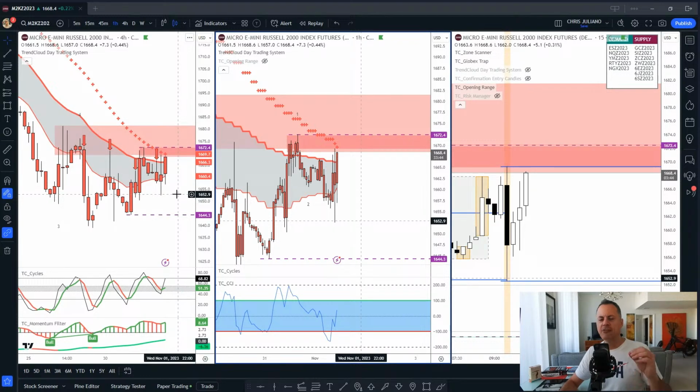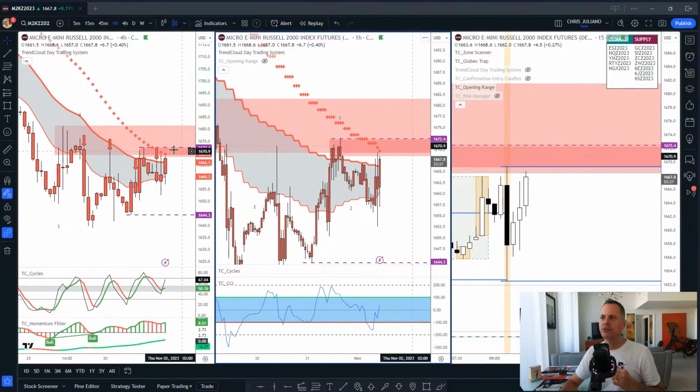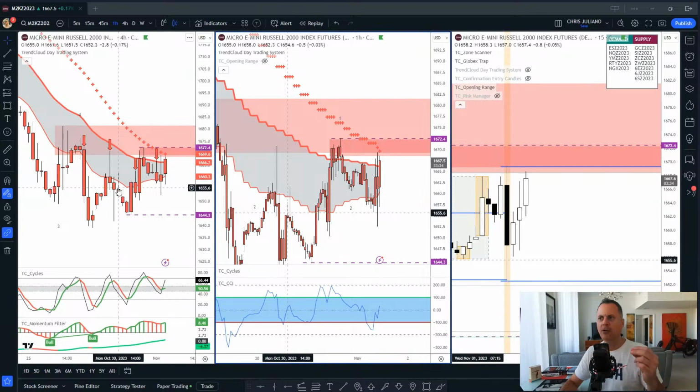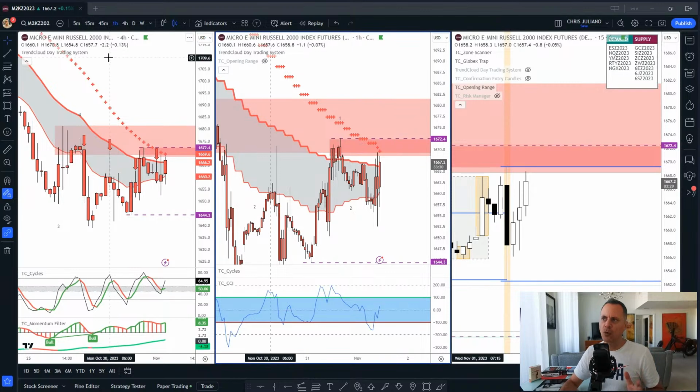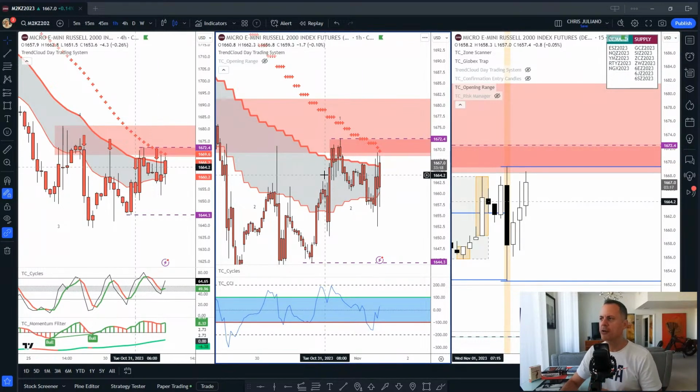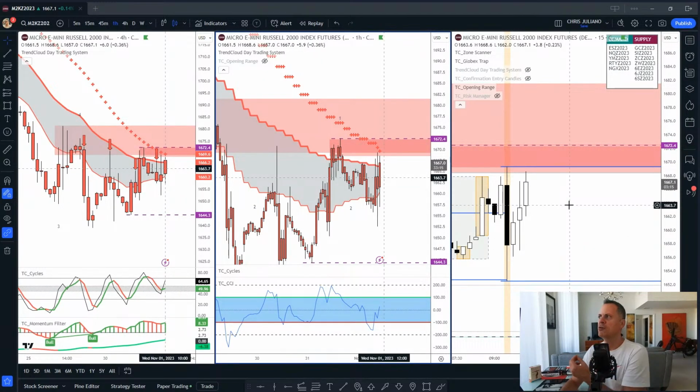It's a support and resistance component. So you always want to look at the highest time frame for any type of support and resistance, because a moving average on the 4 hour chart is more significant than a moving average on a 1 hour chart. A moving average on the 1 hour chart is more significant than a moving average on a 15 or 5 minute chart because it's mass psychology.